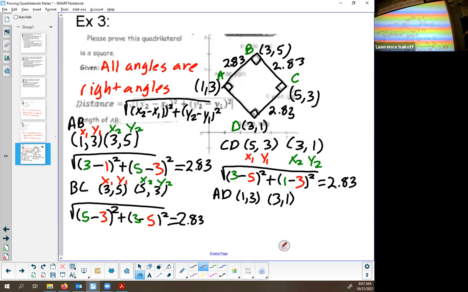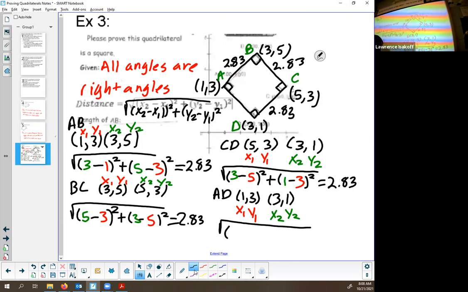Okay. So X1, Y1, X2, Y2. Here with this, again, I'm just going to plug in to the formula. So it starts off, again, we're doing the same thing again.